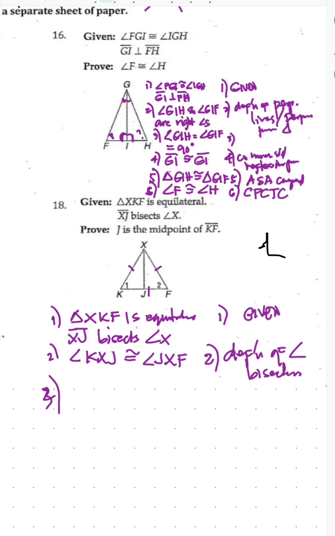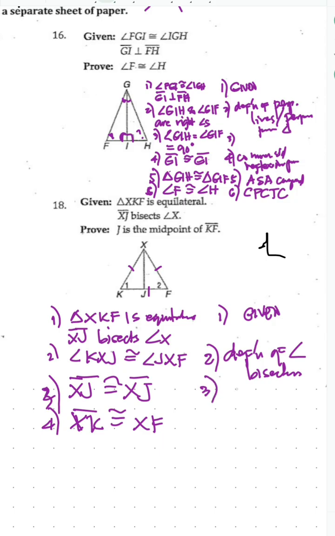Yeah, but it's also given that triangle XKF is equilateral, so all of the sides are congruent. So XJ, then XK, right? It's congruent to XF.